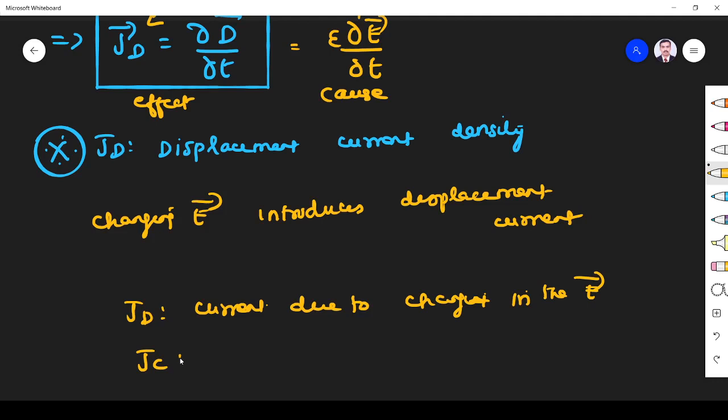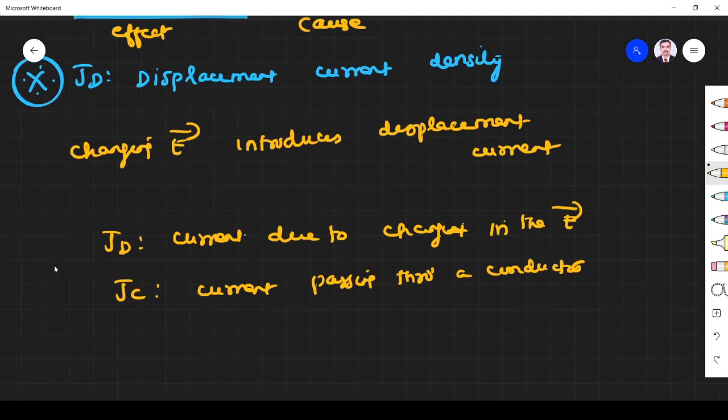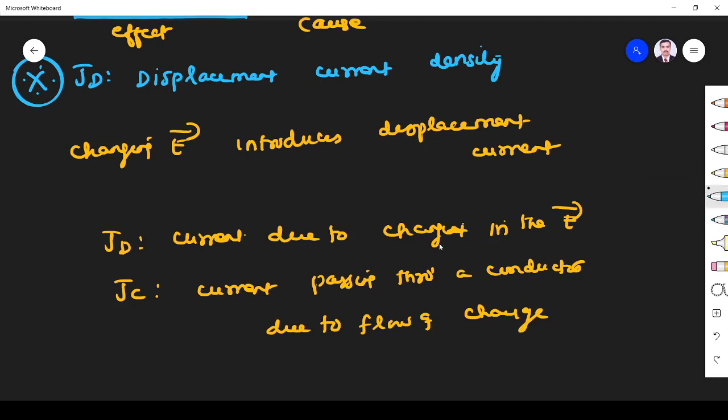Whereas JC is a conduction current, it is a current passing through a conductor, right, due to the flow of charge. You see the difference? JC is due to flow of charge, whereas JD is due to change in electric field. Very, very, very important difference, right?